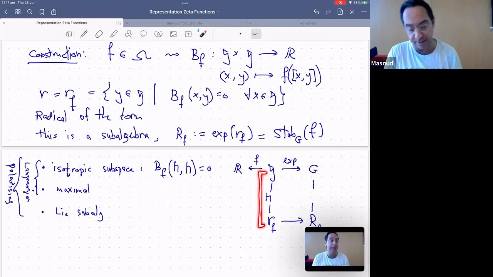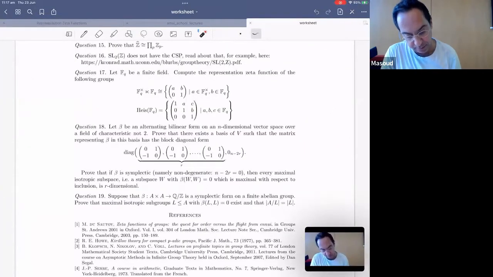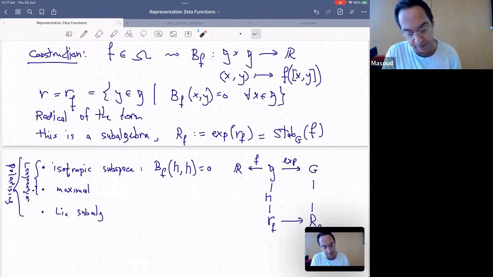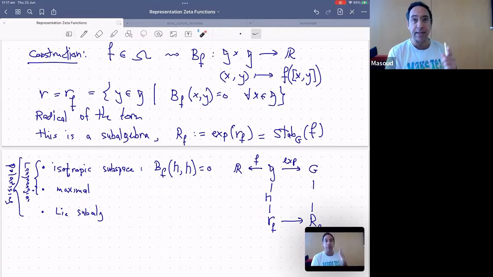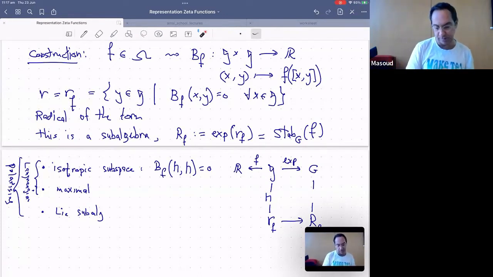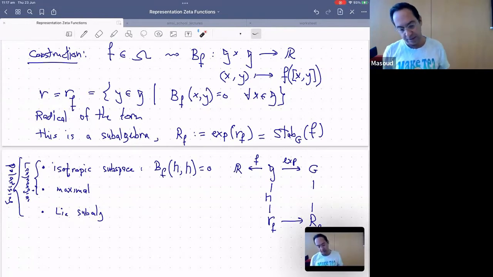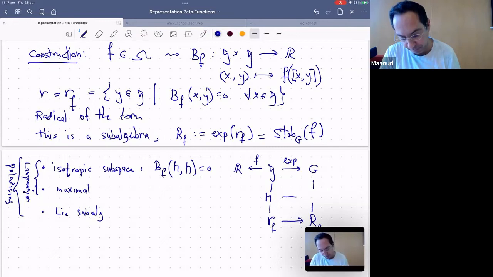It has to be even, right? Because symplectic forms are only on even dimensional spaces. And we have a maximal isotropic subspace, which is half of the dimension. Here, it's not only a subspace, it's a subalgebra, and it's called the polarizing subalgebra. And we can also exponentiate this one to get a subgroup here.